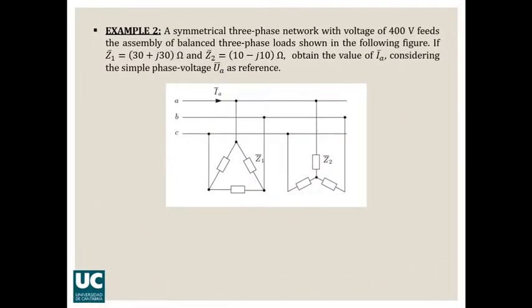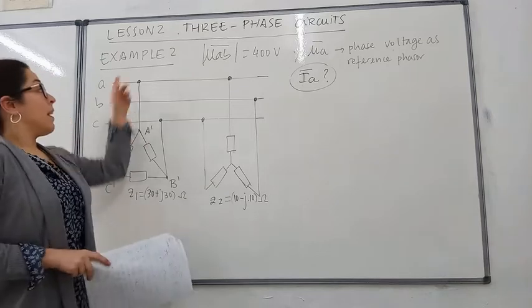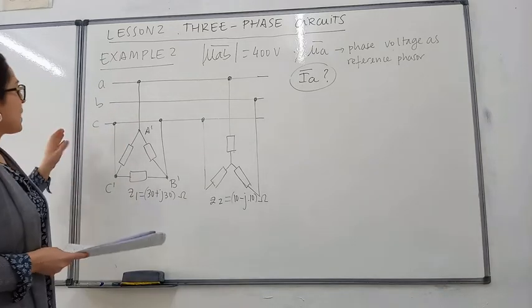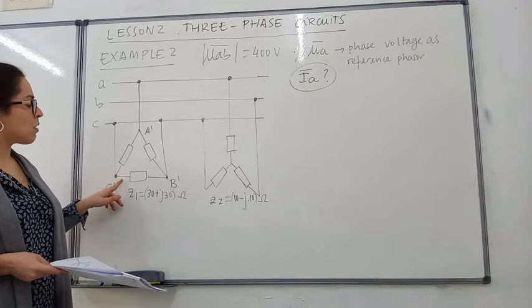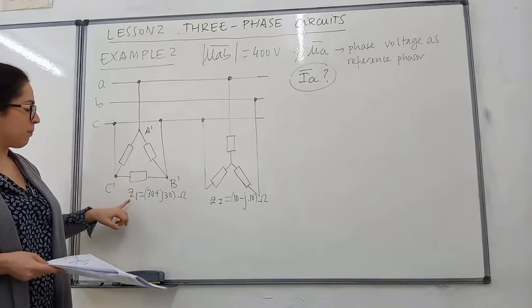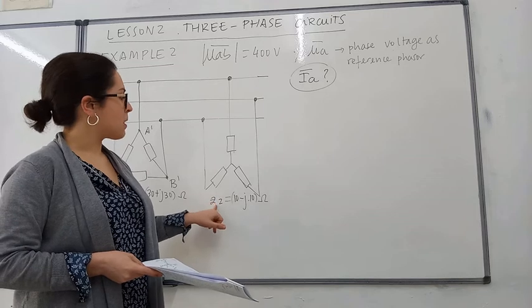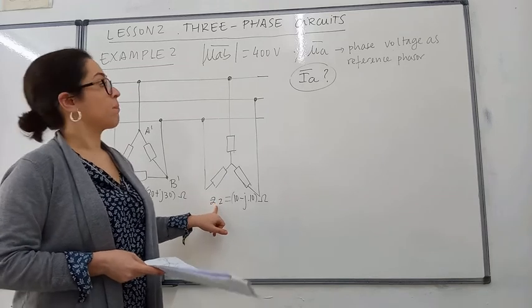With all that information, now we can solve example 2. In example 2 of lesson 2, what we have is an installation in which a balanced load is connected in triangle, that is load 1, and another balanced load is connected in a star.